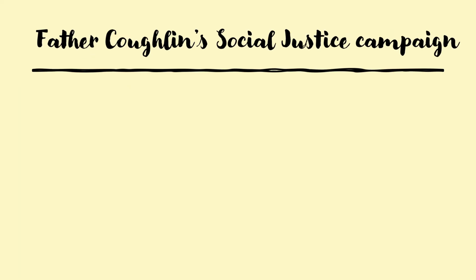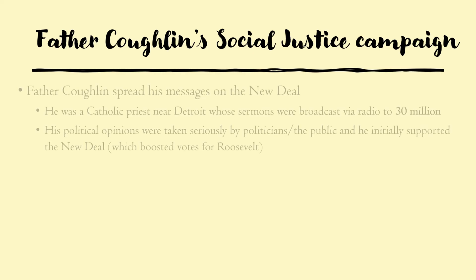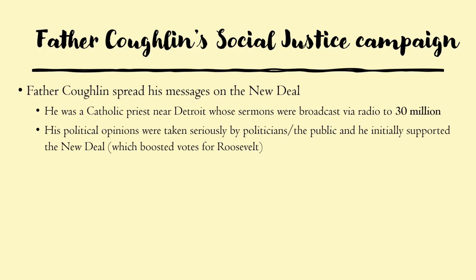And the final one to look at then, Father Coughlin's social justice campaign. The first key feature of this is that Father Coughlin spread his messages on the New Deal. So Coughlin was a Catholic priest who was based near Detroit, and his sermons were broadcast via the radio to 30 million listeners across America.